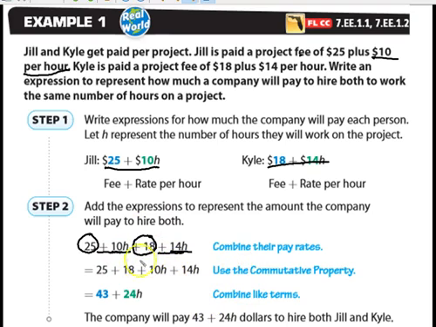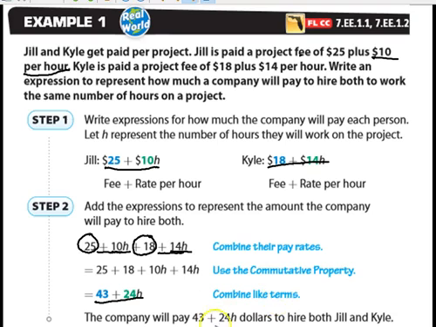But 25 plus 18 right here is 43. And then 10h plus 14h is 24h. So that's it. That is your final algebraic expression. The company will pay 43 plus 24h dollars to hire both Jill and Kyle.